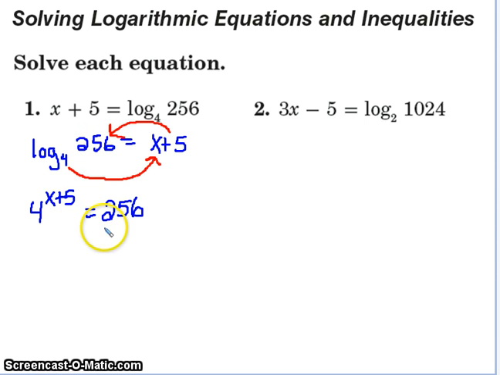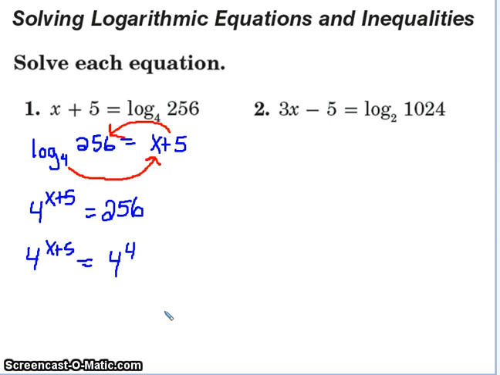There has got to be some way to break down the 256. And so we know 4 squared is 16 and 4 to the third is 64. So let's try 4 to the fourth. And if you do that, you are going to get 256. So 4 to the x plus 5 is equal to 4 to the fourth.